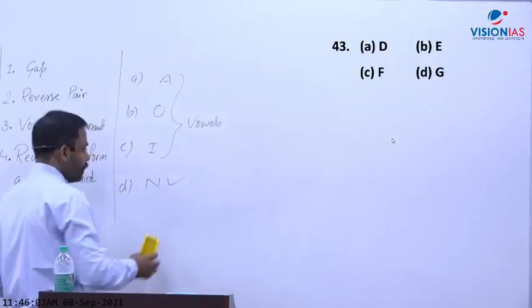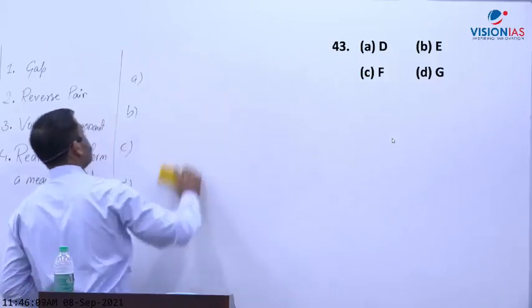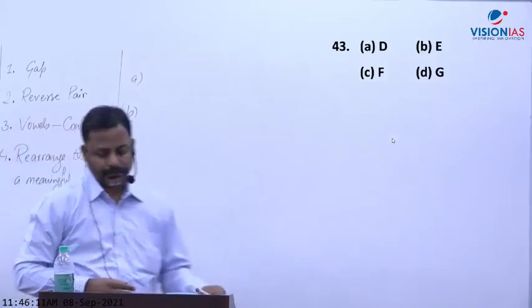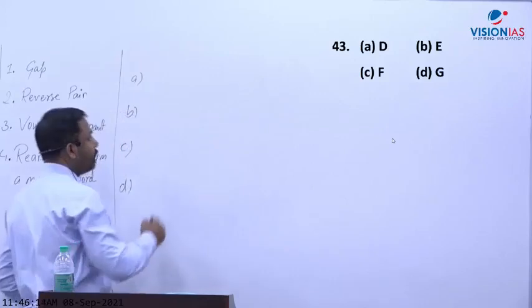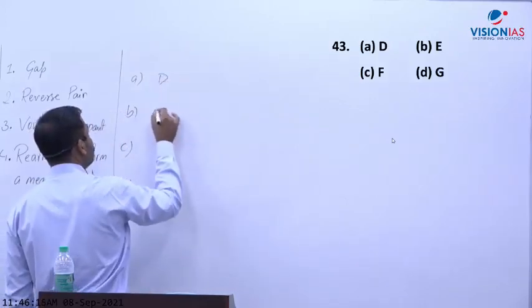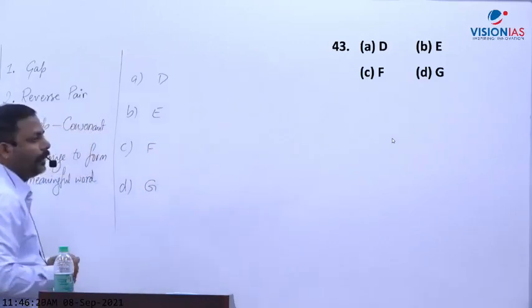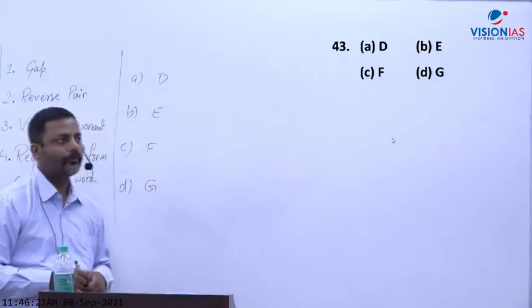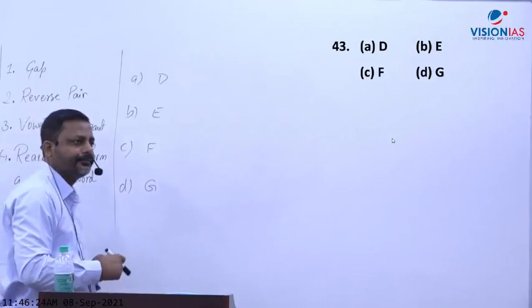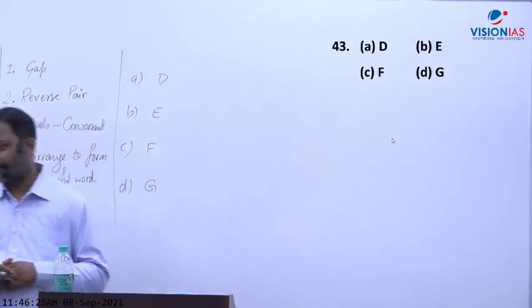Now come to question number 43. Let's see what is there in question number 43. D, E, F, G. Again, we can apply the same logic here also.